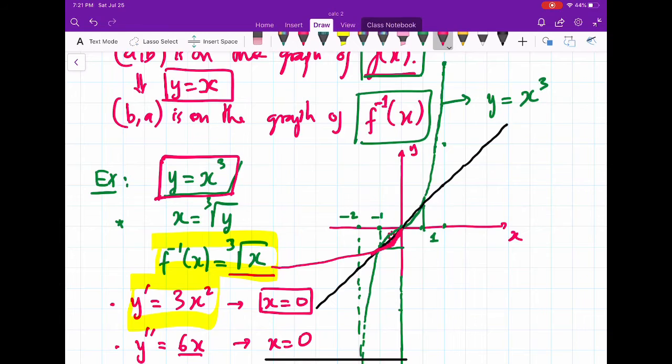And in here I have symmetric, and I go in another direction. And this is the graph of the cube root of x. This is how we can draw the graph of the inverse function. You just need to graph the original function and then make the symmetric, with respect to y equal to x.